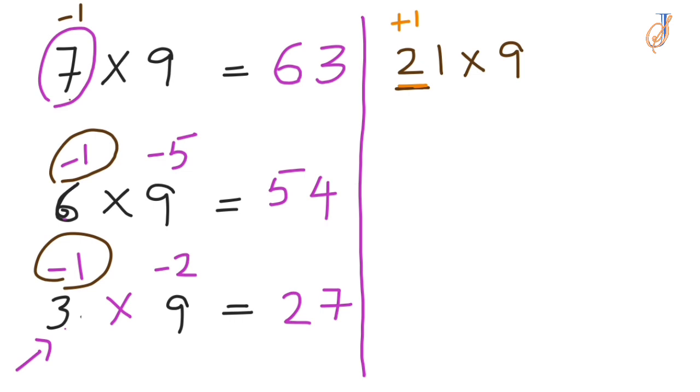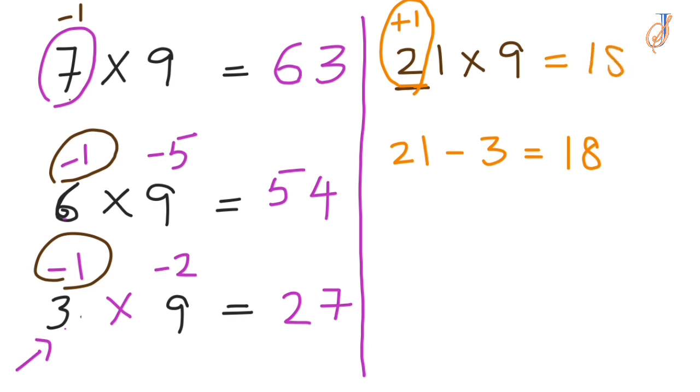Now you have 21 minus 3, which gives 18. So 18 comes in your tens place. Now the other digit is 1. You subtract 1: 1 minus 1 gives 0. Now subtract this 0 from 9, which gives 9. Write this 9 in the units digit. So 21 times 9 gives 189.